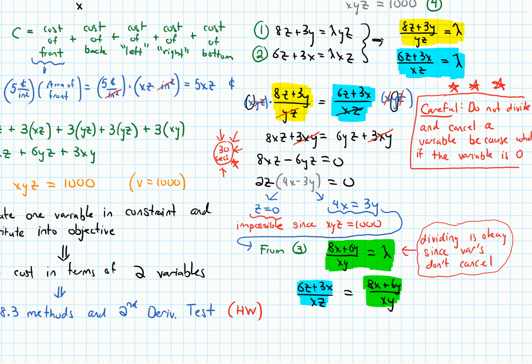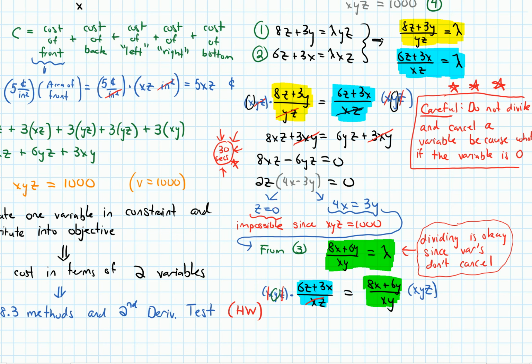Okay, and just like before, I can multiply both sides by xyz to cancel out the denominators and get rid of the fractions. So multiply both sides by xyz. On the left-hand side, the x and the z cancel, and we still have the y.